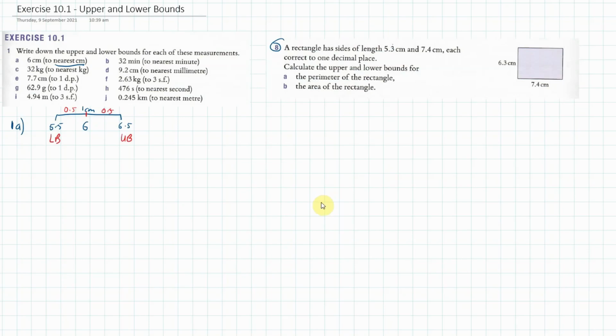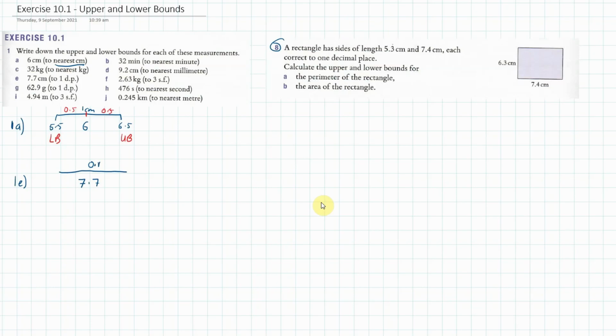Now let's apply that to another example. Why don't we do 1e? 7.7 centimetres, not to the nearest, it's to 1 dp. So what we do is we write 7.7. Now, 1 dp is 0.1, isn't it?